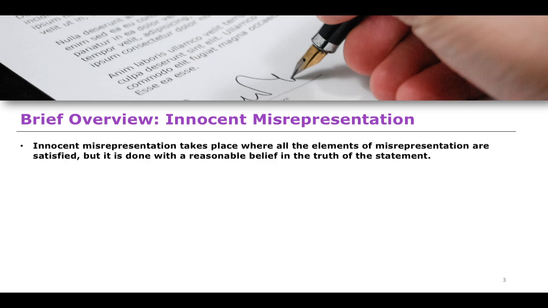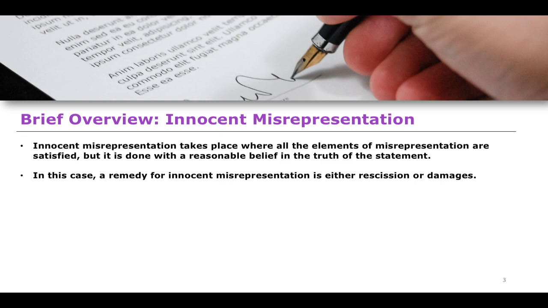So, if an individual makes a statement of material fact, and that statement is false or misrepresented, and as a result of that, a contract is induced, but the person who made the statement reasonably believed that it was true, then this is considered to be something known as innocent misrepresentation, i.e. all of the elements of actionable misrepresentation are there, but it was done with a reasonable belief in truth.